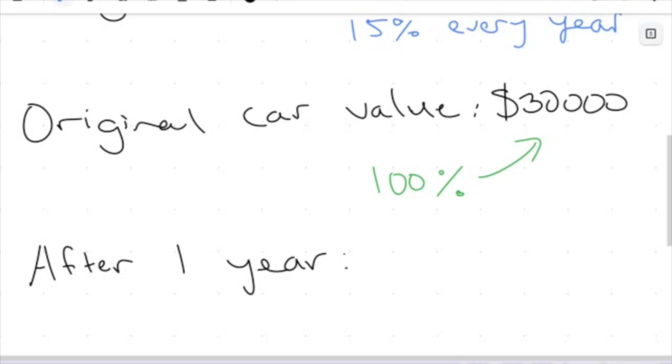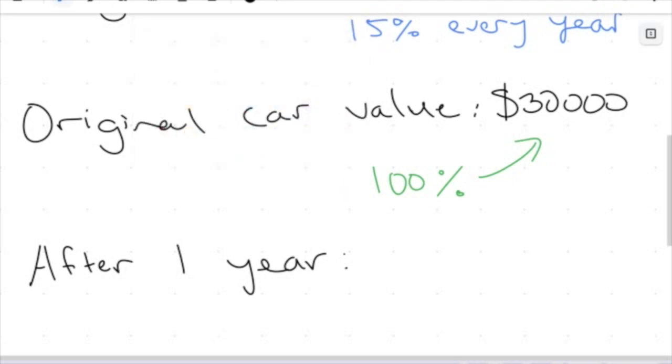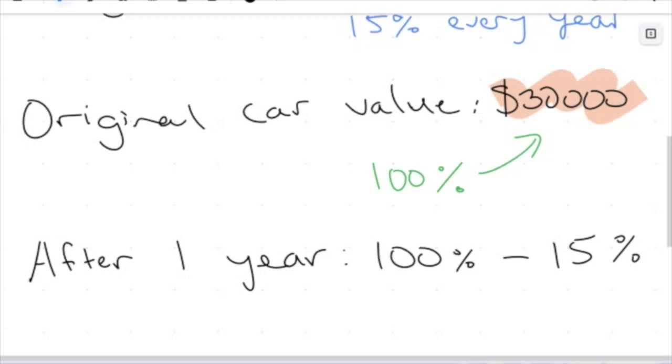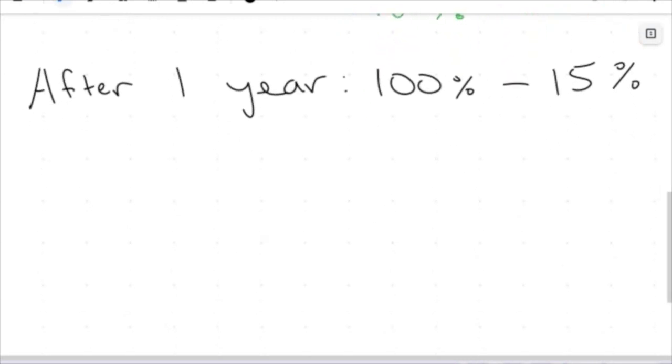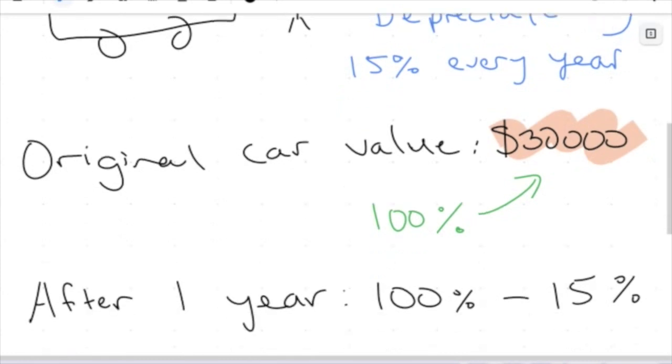So to find this, our price is going to drop. We are going to go from 100% of the car's original value, this 30,000, and it's going to drop by 15%. So we are going to subtract the percentage that it depreciates, because remember, depreciation is going down. When we subtract, we go down.